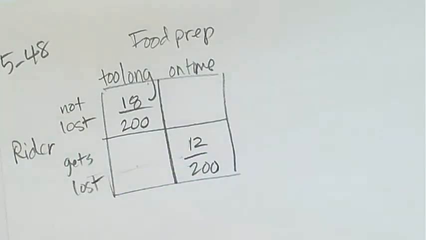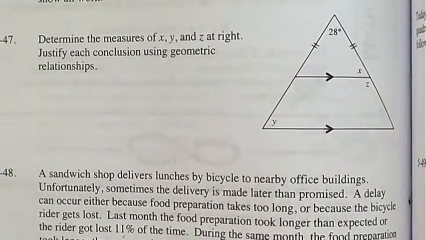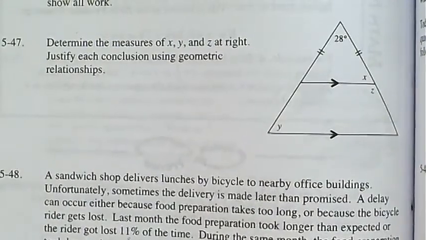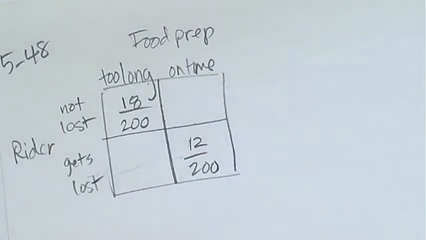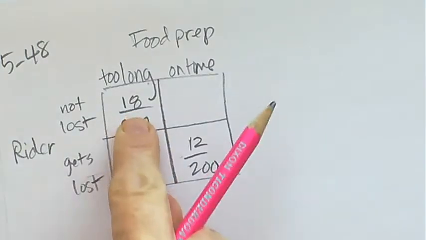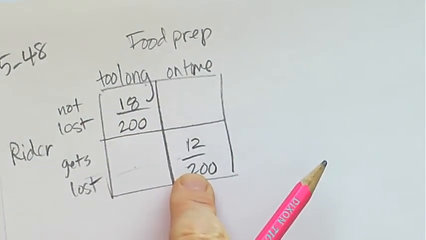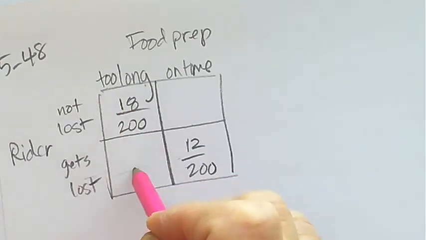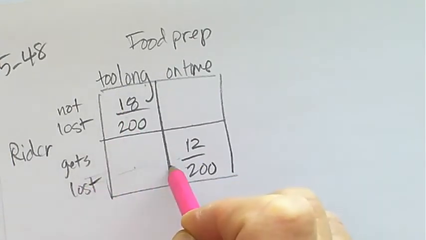So I also know that in that same month, the food prep took longer than expected, or the rider got lost 11% of the time. So I know that these outcomes happened 11% of the time, but that sometimes the food prep was too long and the rider got lost.